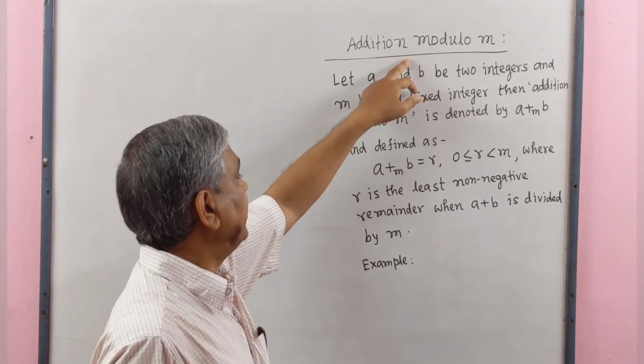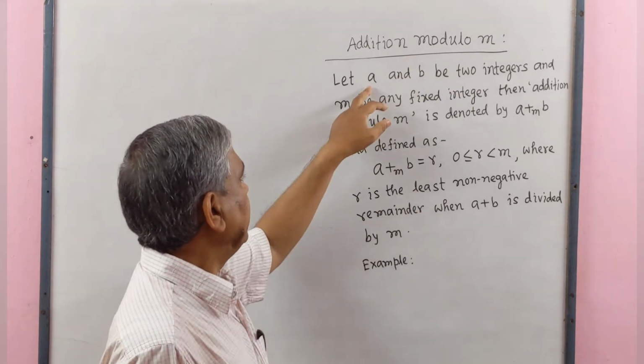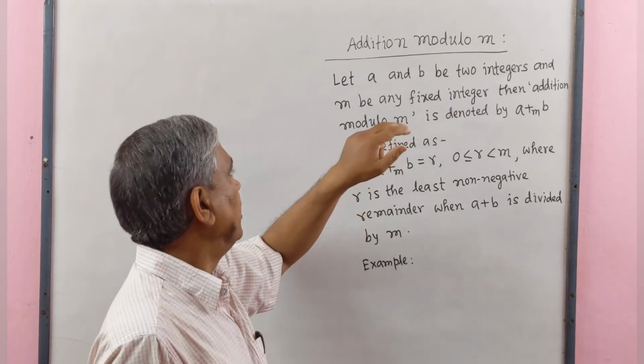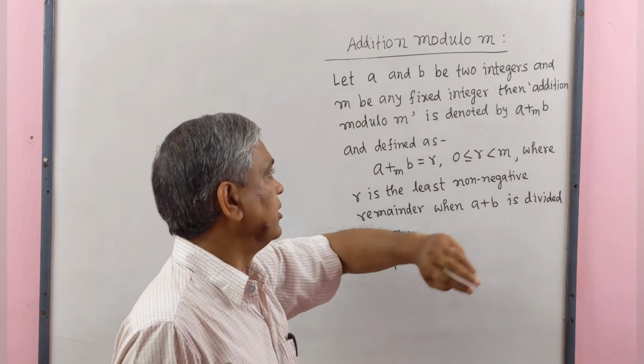Now we define addition modulo M. Let A and B be two integers and M be any fixed integer.